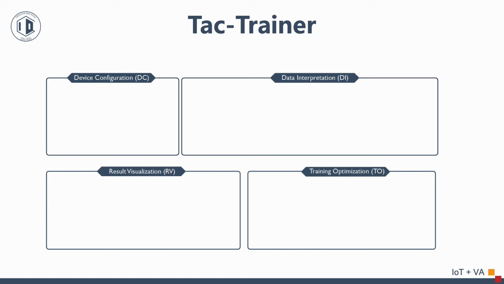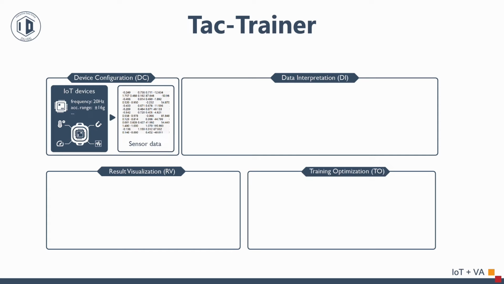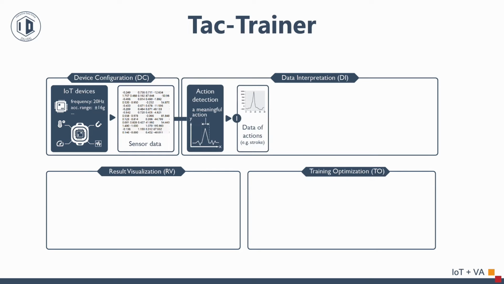The framework consists of four components: device configuration, data interpretation, training optimization, and result visualization. Device configuration configures IoT devices for data collection. Data interpretation detects valid actions from the sensor data first.